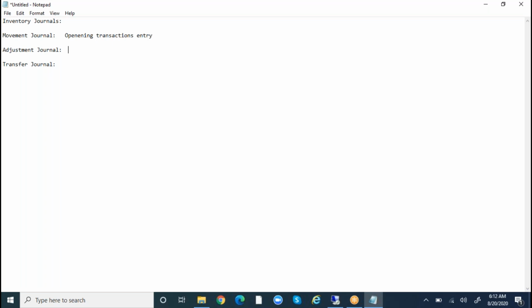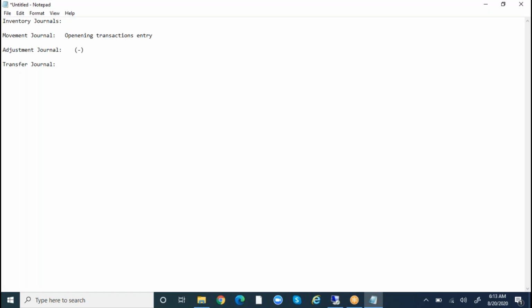So adjustment means it may be a plus, it may be a minus. In business there may be many scenarios. If all of a sudden the material is spoiled, wasted, or disappeared, then I would enter a minus quantity.